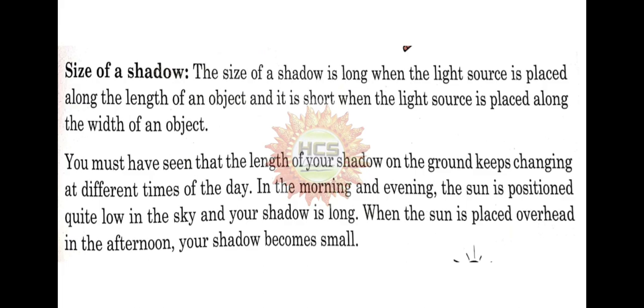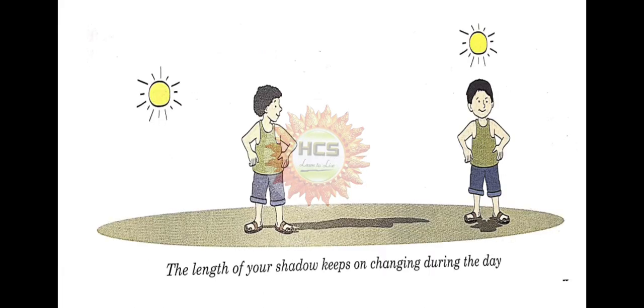They are explaining that the size of shadow is long when the light source is placed along the length of any object, but the size of the shadow will be small if it is at your head. Look at the picture.